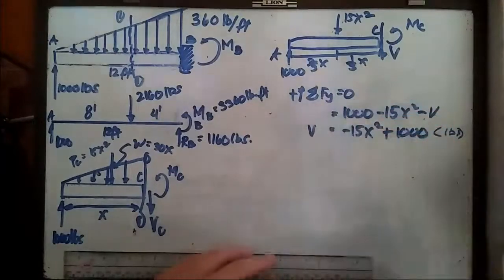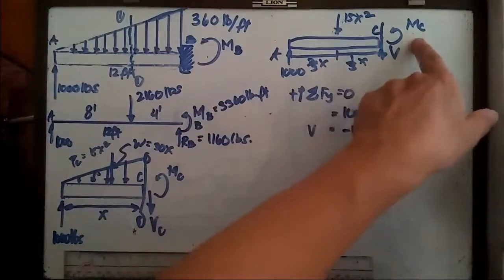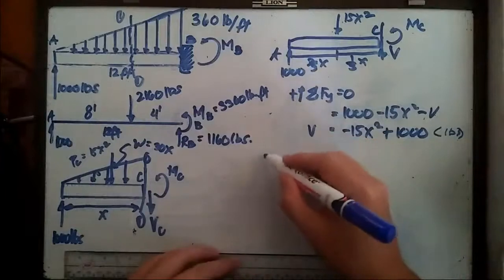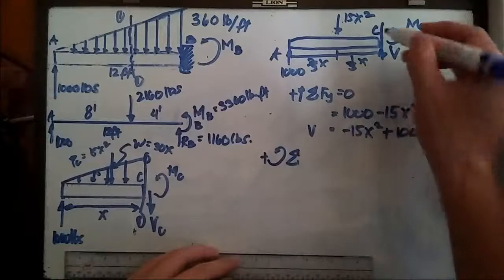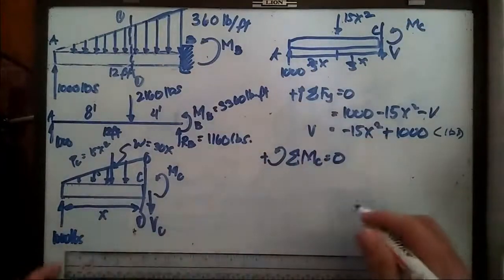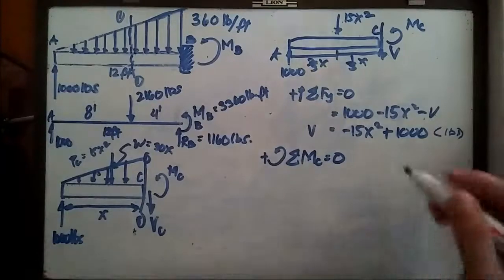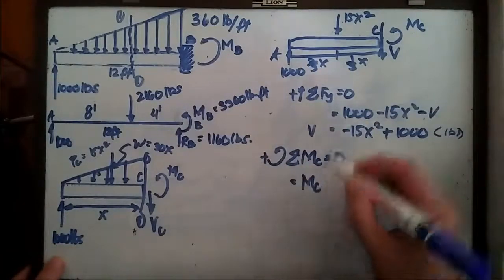The next step is for us to solve for the bending moment at C by the summation of moments, positive counterclockwise, at this section, point C, equal to 0. We have, of course, M sub C positive.